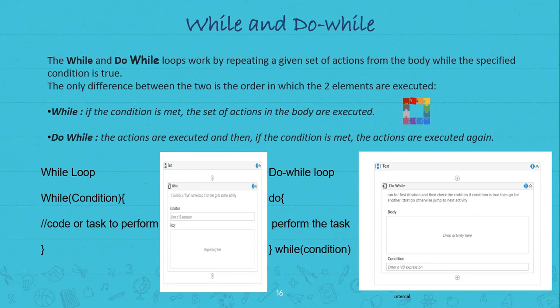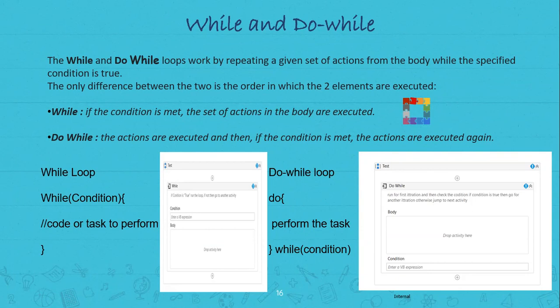Over here you can see this is the condition in the start and the task to perform here. So while loop will check your condition at the first stage. It will check whether you are eligible for entering a loop or not.